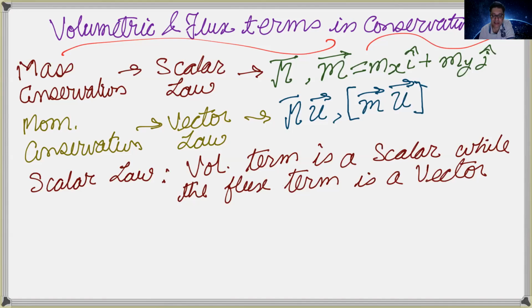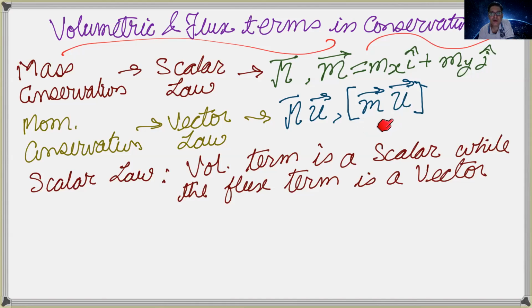Like here, in this momentum, the direction of this u vector is involved. In the case of a second order tensor, there are two directions: one corresponding to this mass flux, the second corresponding to this u vector. So this is a second order tensor.